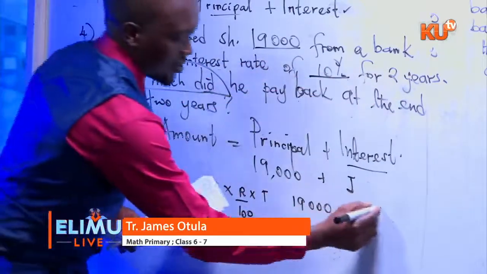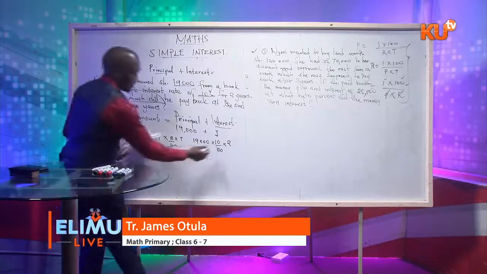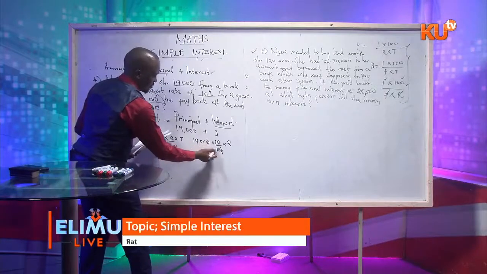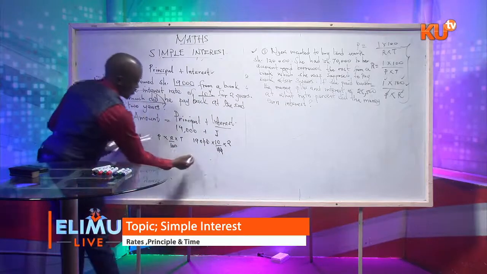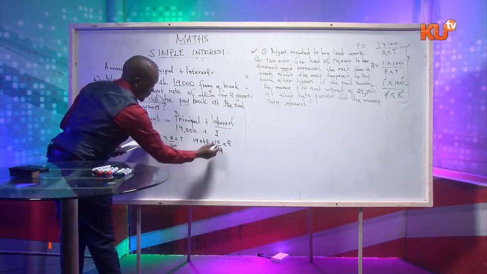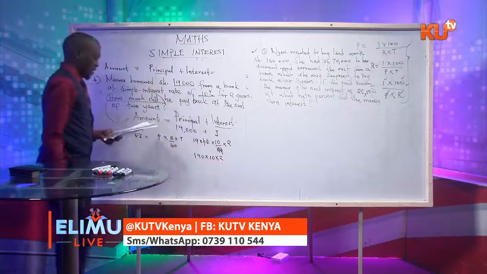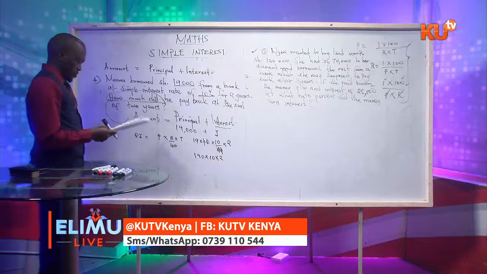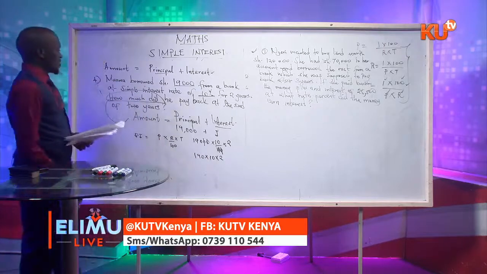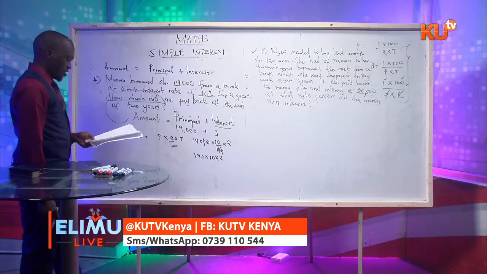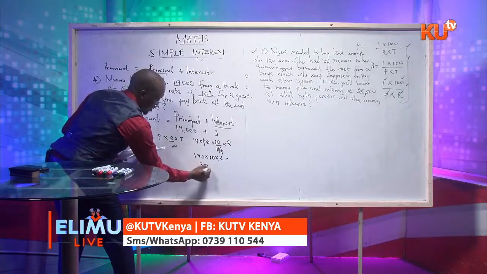So time here is 2 years. Multiply by 2. Then we simplify. This 0 will cancel with this 0. This 0 will cancel with this 0. So we shall have 190 times 10 times 2. So this is like 1,900 times 2, which is the same as 3,800. When we multiply these ones, we get 3,800.